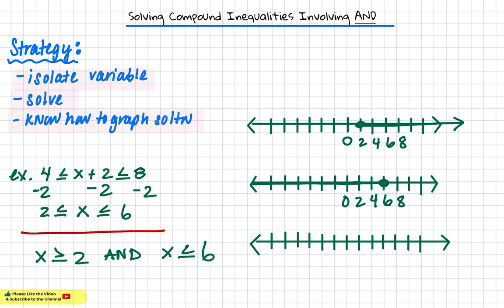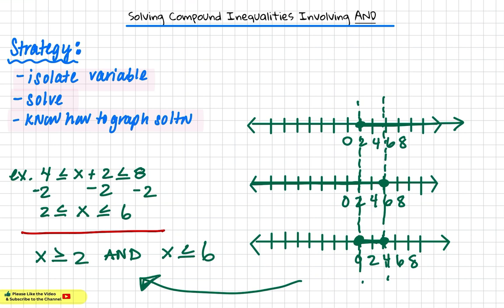Okay, so those are the separate ones, but when we are doing a combo involving and, we'll see later with or, we have to make sure everything is accounted for. So what we're going to do is look at the combined effect, and everything that overlaps we're going to make sure is accounted for here. And this was 0, 2, 4, 6, 8. That is our answer for this particular solution. I'm going to highlight it so that one side was going this way, one side was going that way.